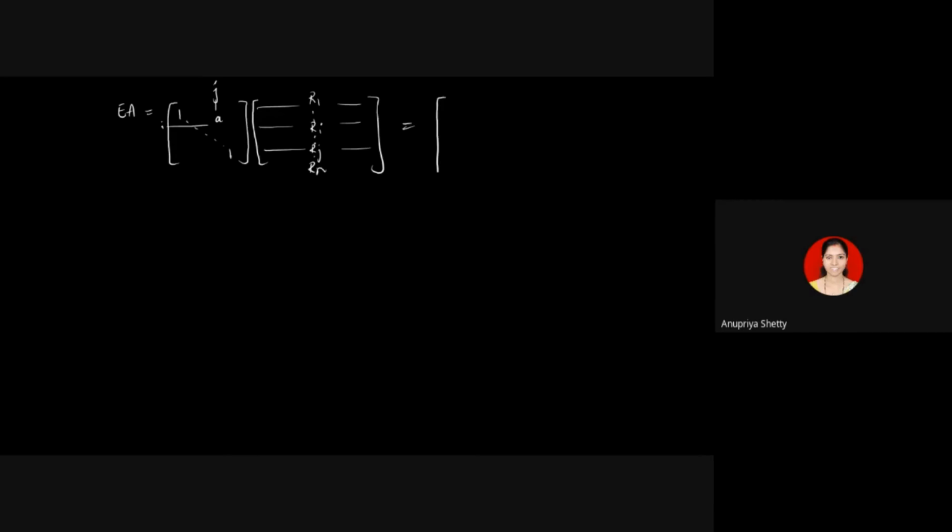The resulting product is going to be of order n by p, remember, because the first one is n by n, the next one is n by p. The first row is R1, second row is R2, third row is R3, etc. The ith row is Ri plus A times Rj. The jth row will remain the same. You can cross check that once you do this work on your own. Rj remains as Rj, and the last row is Rn itself.